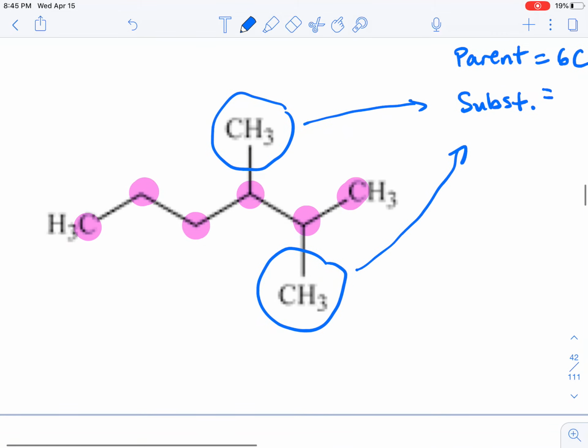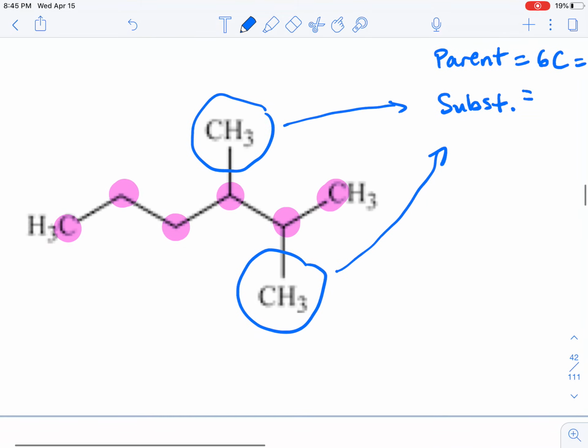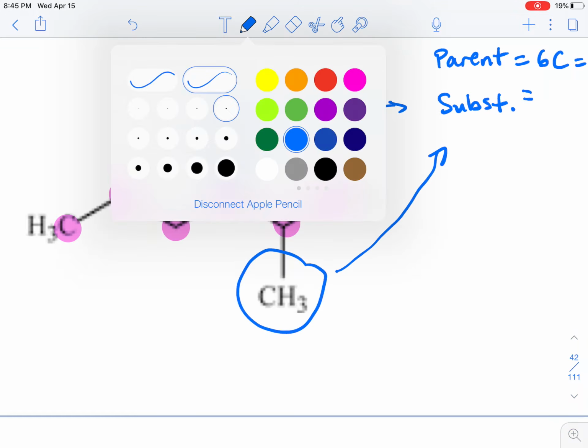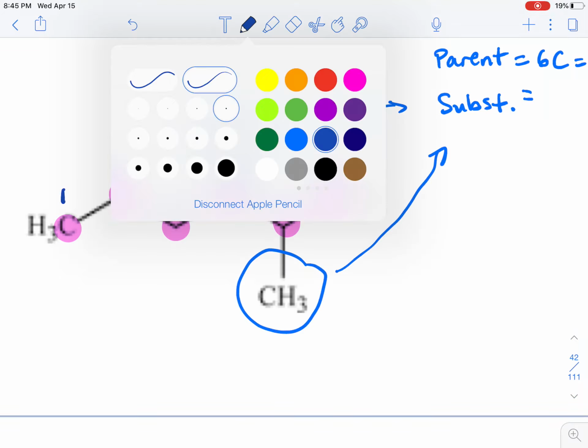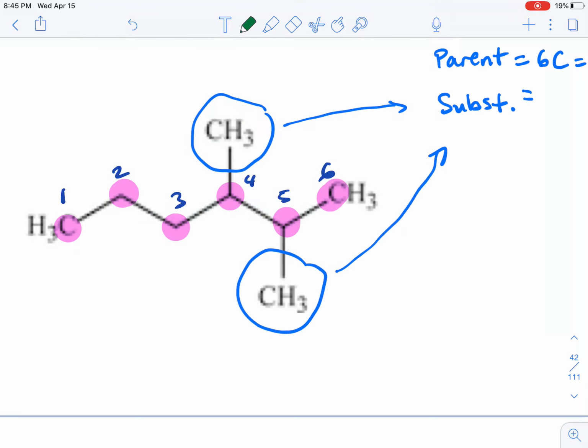And so I need to number my parent chain so that I can describe the substituent correctly with the lowest carbon number. So I'm going to go ahead and do this from left to right and right to left. So 1, 2, 3, 4, 5, 6. Now in green, I'm going to go from right to left. 1, 2, 3, 4, 5, 6.